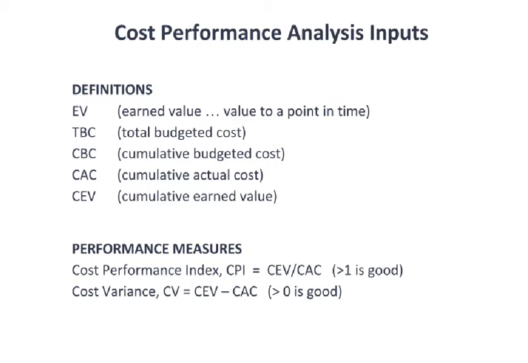In other words, that's what EV is about. It's, are we accomplishing the task at the same pace that we're spending the money? So EV is the earned value up to any instant in time. So if I go and ask my team, what is the EV right now? They would say, well, 20%.